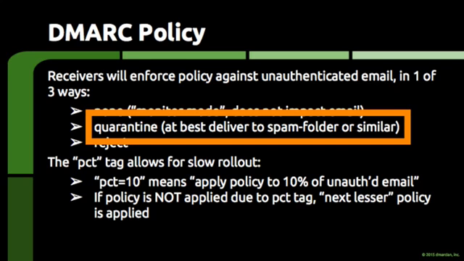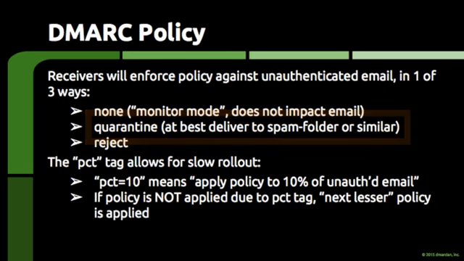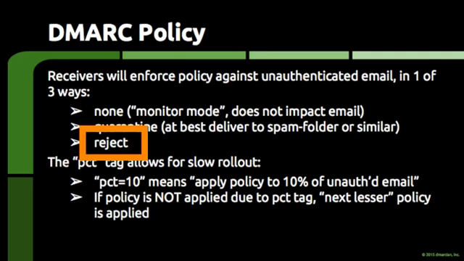If a spam folder doesn't exist, then the receiver might do whatever they can to treat the message with a higher degree of suspicion, like turning up the aggressiveness of anti-spam scanning. The last policy that can be applied is the reject policy, which directs receivers to block or refuse to accept email that fails the DMARC check.